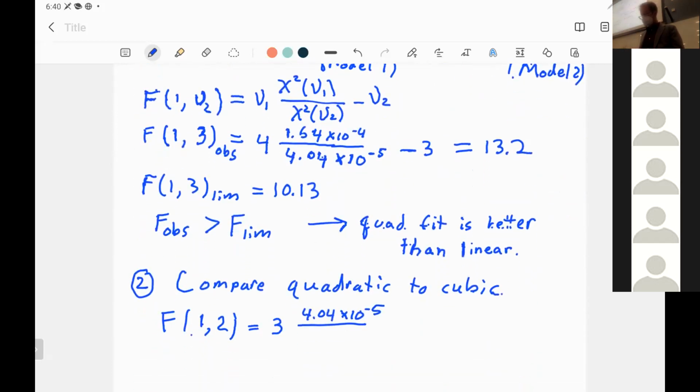That's going to be 3.03 times 10 to the minus 5. And then we subtract degrees of freedom of the second model, which was 2. Okay, and now if you calculate this, you should get exactly 2.00.